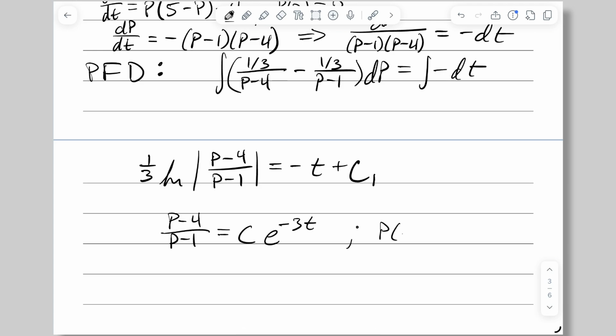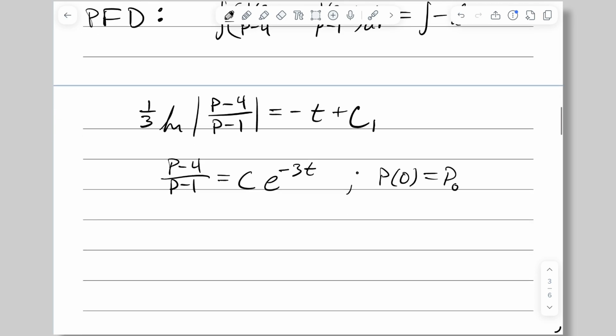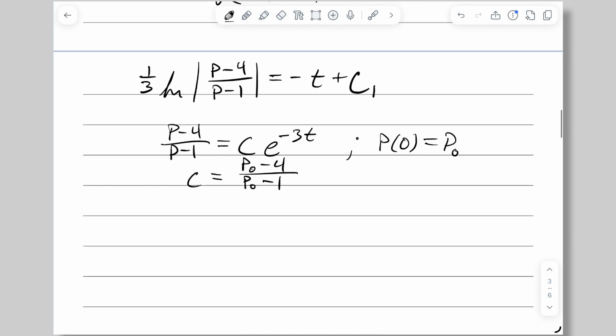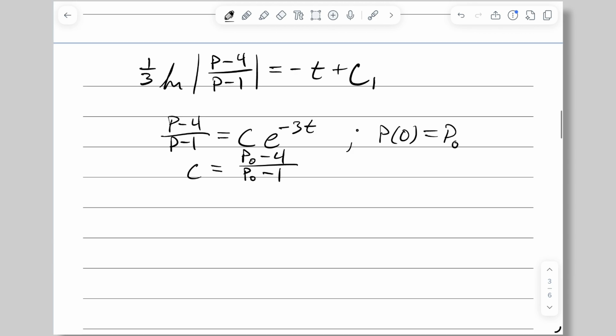Now the initial condition of P of 0 is equal to P sub 0 is going to give us that c is equal to (P sub 0 minus 4) over (P sub 0 minus 1). It's a lousy constant to have to deal with. I'm actually going to reintroduce that in a few minutes because we have some algebra to get through. We're going to solve for P.